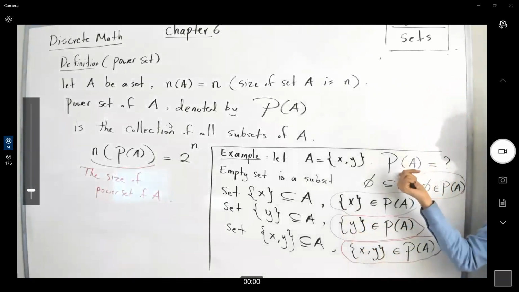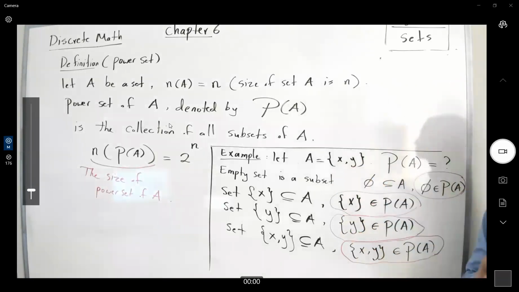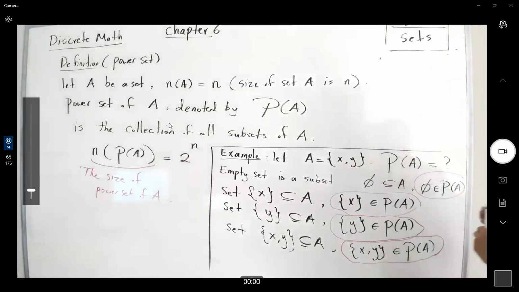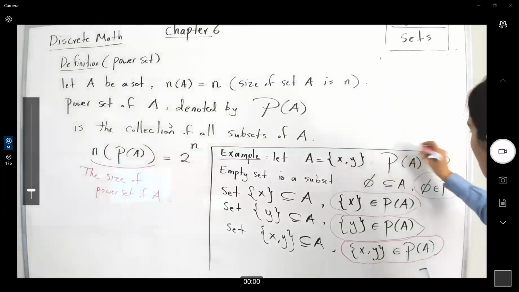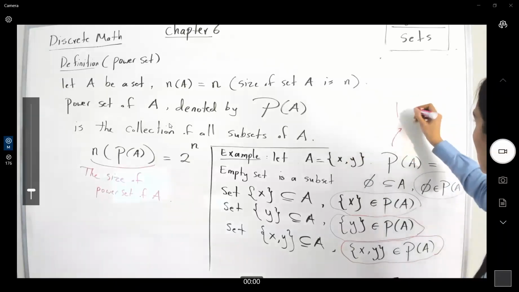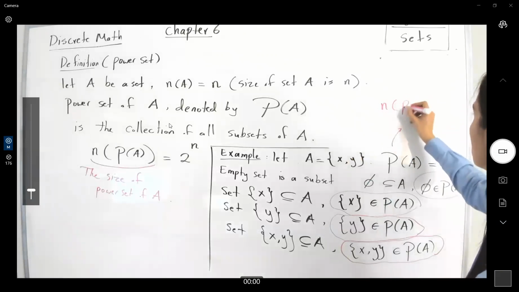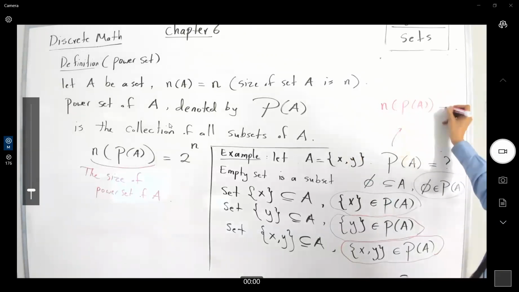The cardinality of P of A is 2 raised to 2, which is 4. So let me write this down here for you. The cardinality of P of A is equal to 2 squared or 4.